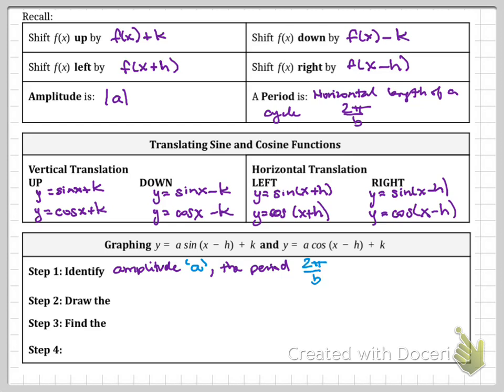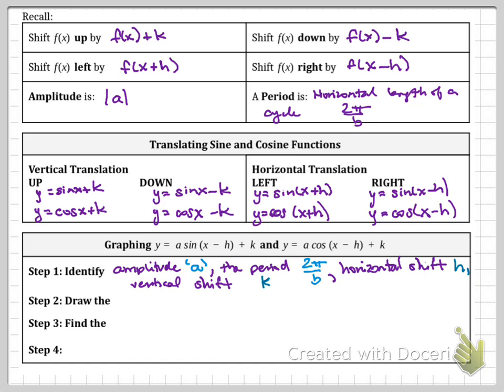Then you need to take a look at any horizontal shift. Horizontal shift, when it's inside, is our h value. You also need to take a look at the vertical shift of the graph, which is our k value, adding or subtracting.